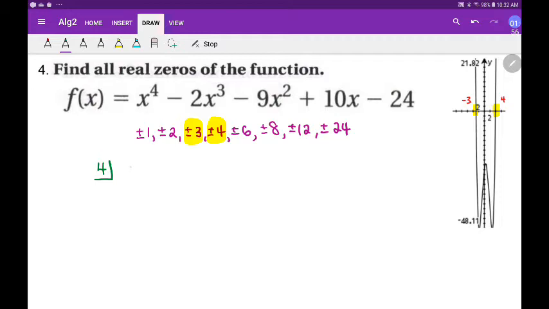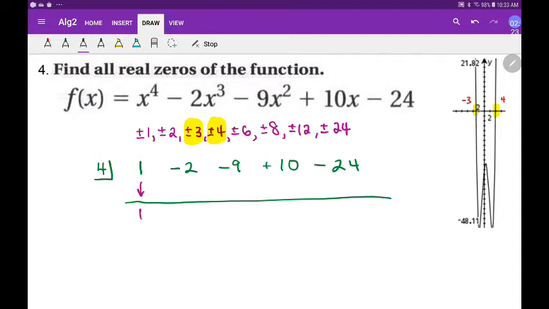So and then let's see. My coefficients are 1, -2, -9, 10, -24. Alright, so let's use those. We have 1, -2, -9, plus 10, minus 24. After a while I start saying plus because I want to make sure it's not negative.